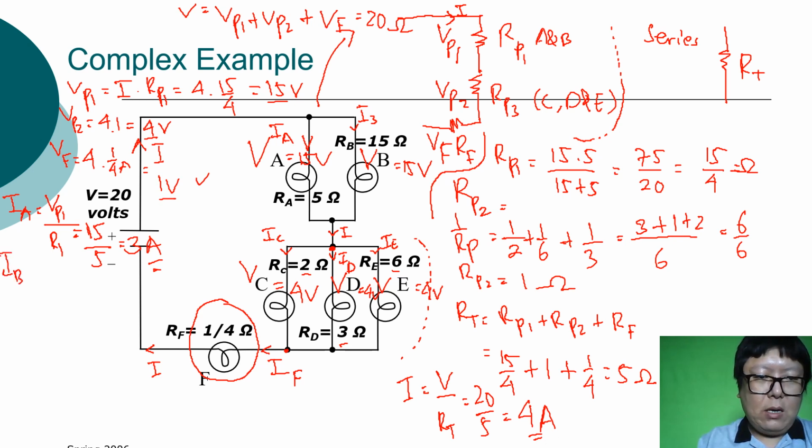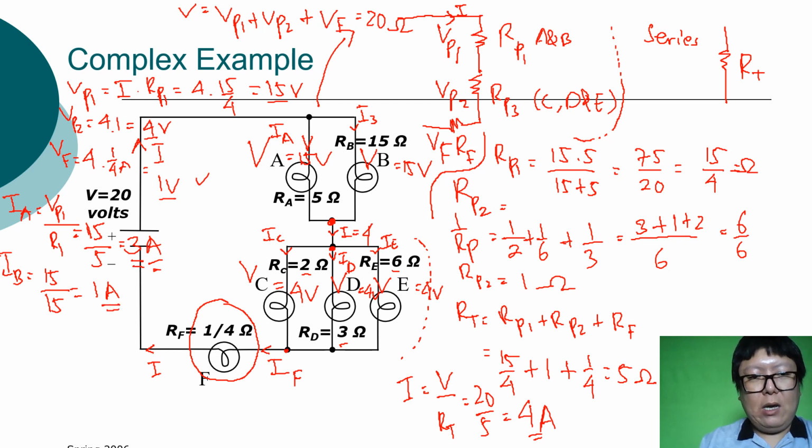IB, I still use the VP1 also, or the voltage at B or VP1 is equal. So VP1 is 15 over 15. Then I get 1 ampere. And check if both of them combine in here, will they get 4? 3 plus 1 is 4.